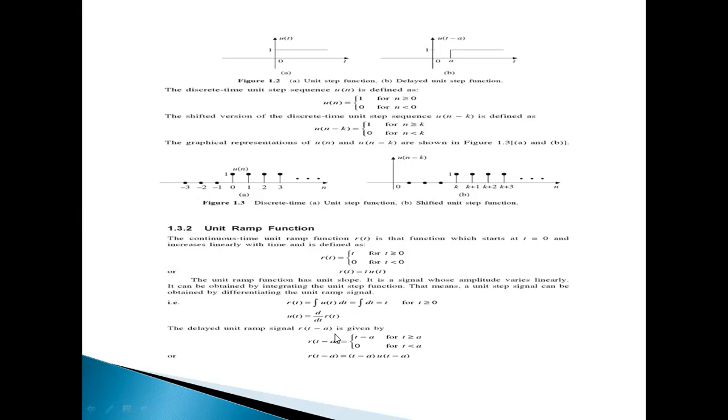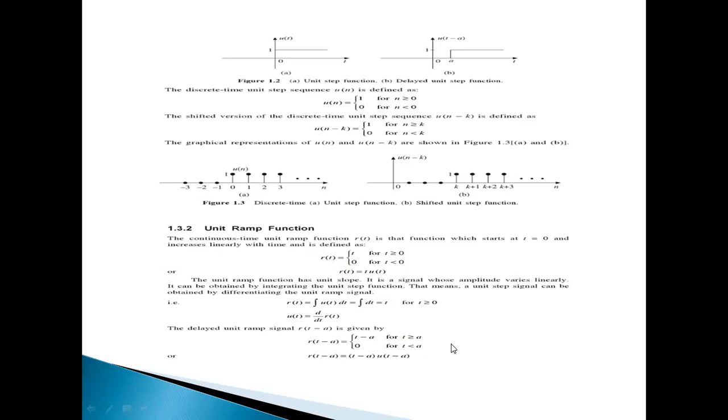A samples, where A is a variable. You can keep A as 1, 2, 3 and so on, whatever it is. So r of t minus A is equal to, actually, t. Now whatever function is in the parenthesis here, that is what we take. So what is in the parenthesis in r of t minus A? It is t minus A for t greater than or equal to A, and 0 for t less than A.